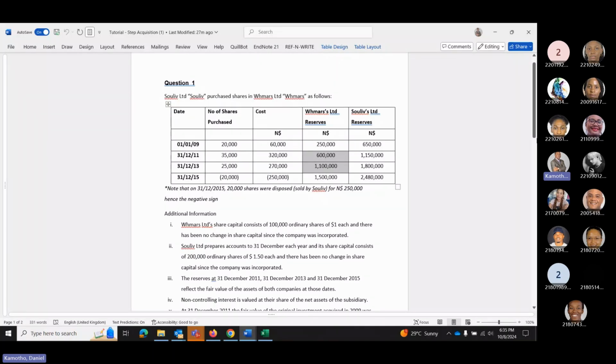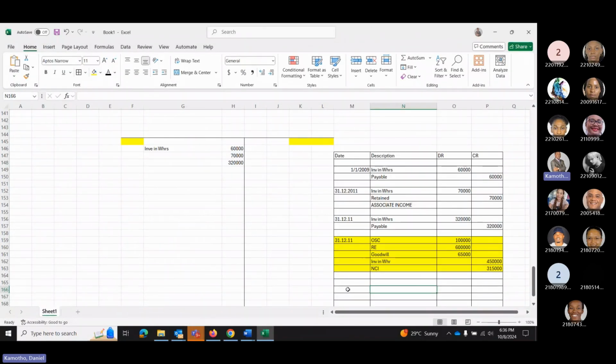In the consolidated financial statements, profit made by the subsidiary is attributable either to the group or to the NCI, so we need to attribute that profit respectively. It is 1.1 million minus 600, because at the date of acquisition, the retained earning was 600.